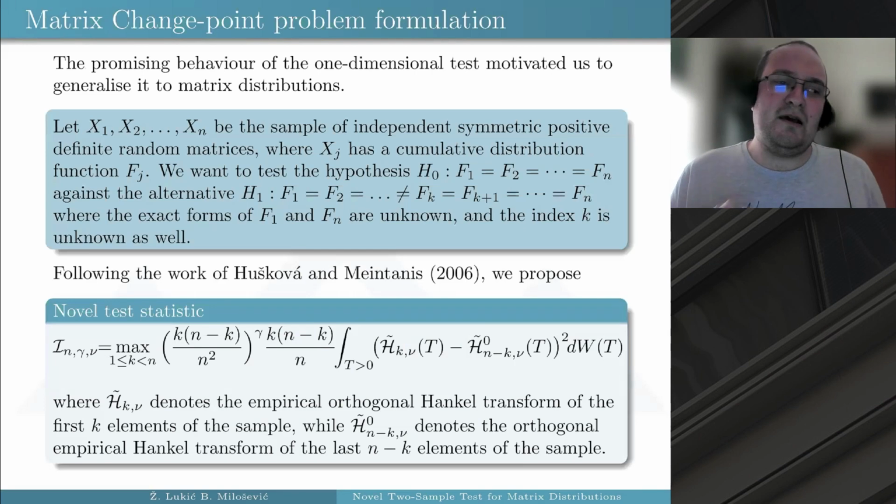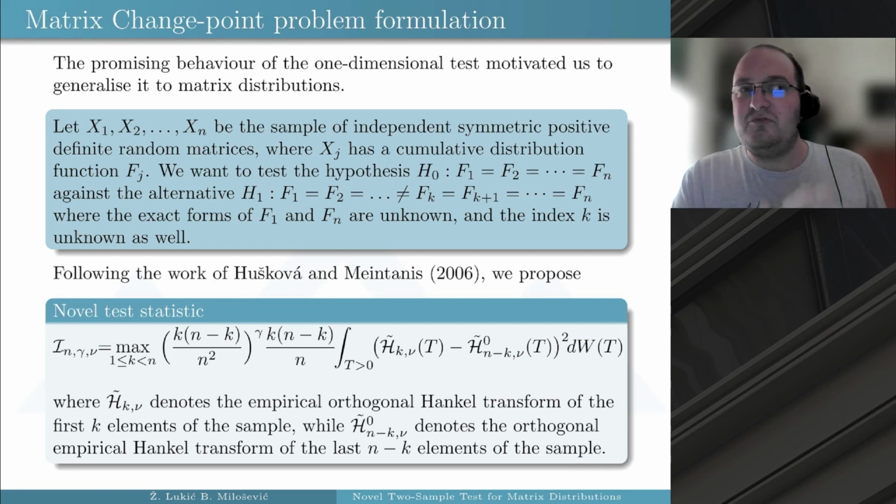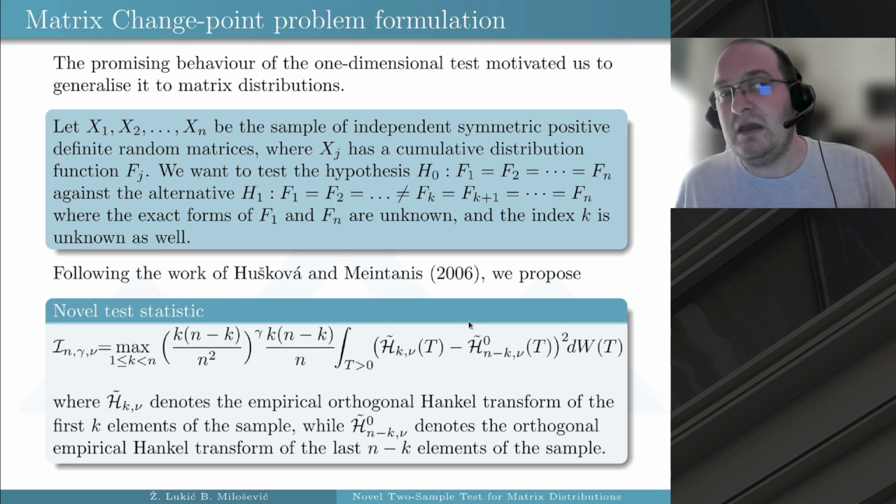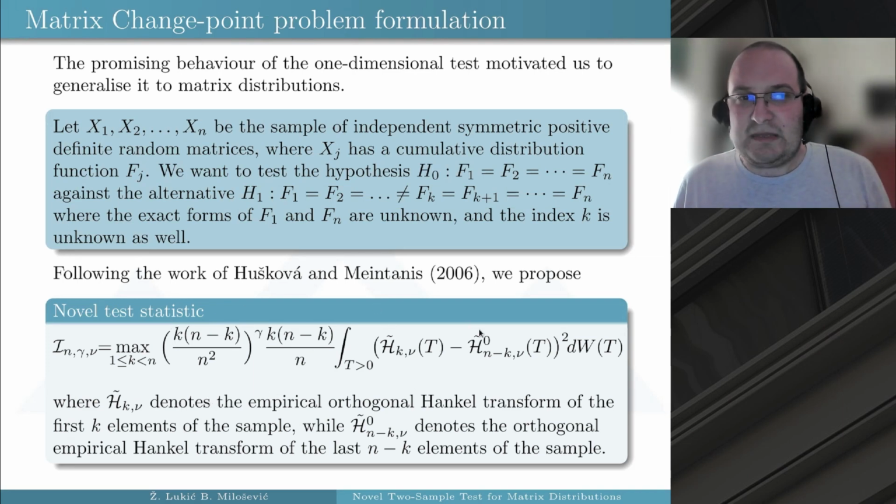First of all, the problem in this case is quite similar. We still don't know where the change point is. We still don't know the underlying distribution, and our test statistic has a similar form. So we have this maximum, and we have this part, which is basically our previously proposed test statistic.